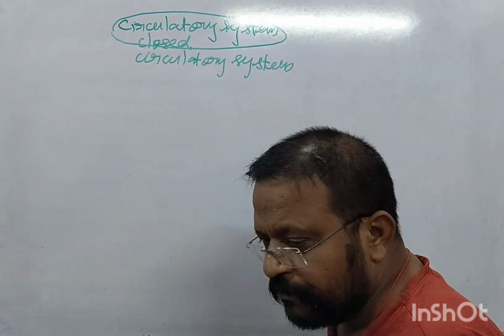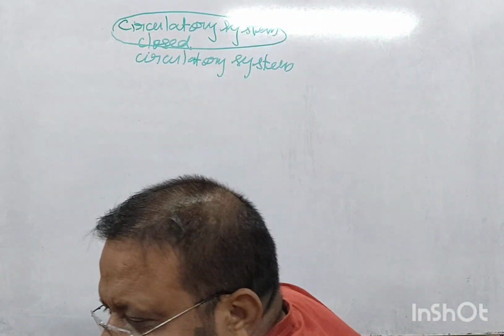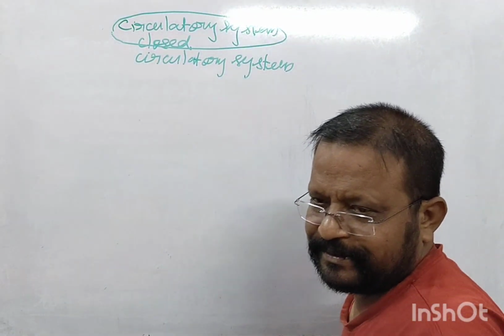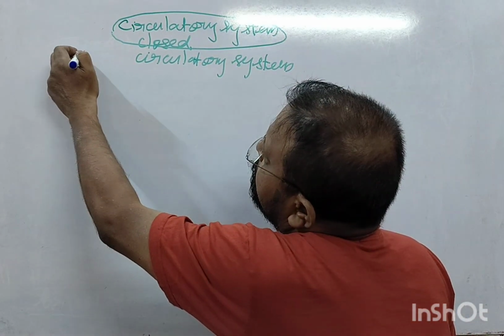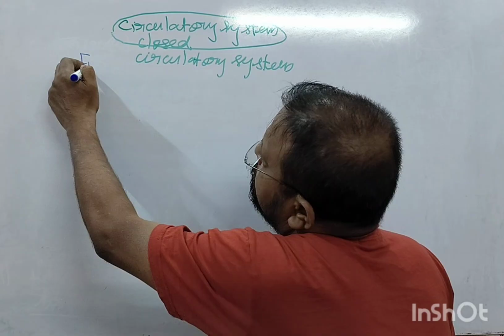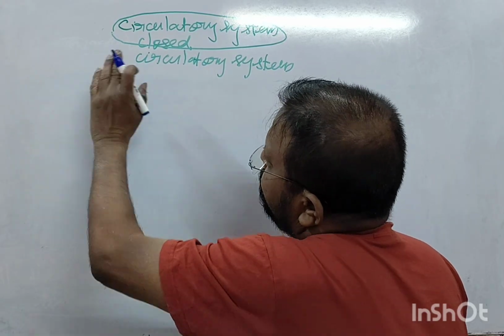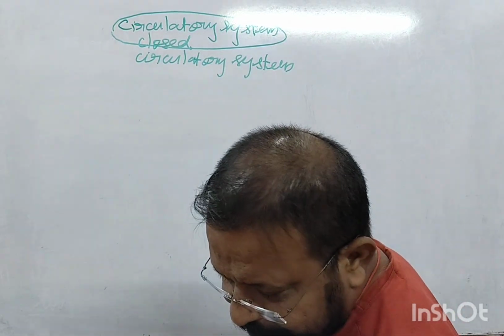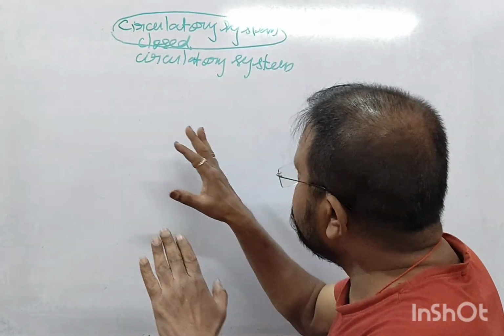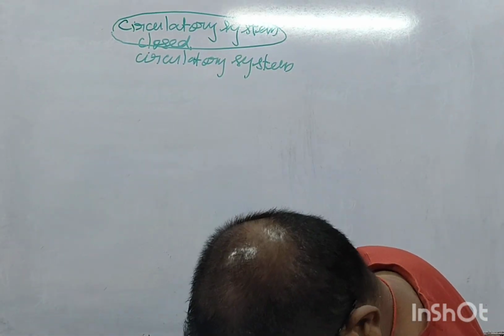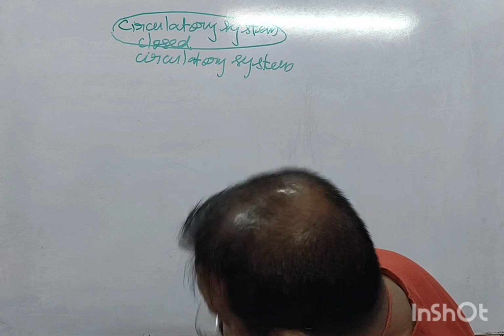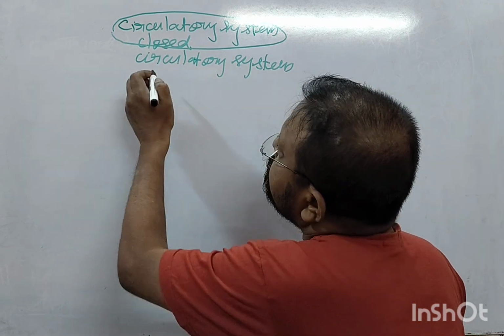What are the functions of blood? अच्छा चलो छोड़ो, we will talk about it later. This whole circulatory system is divided into three parts.